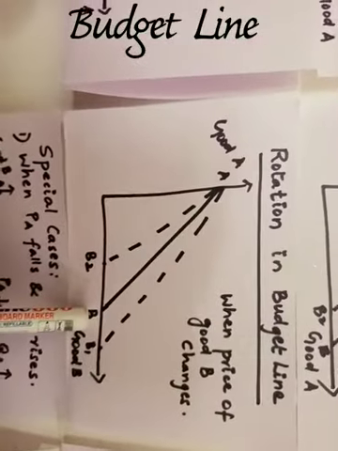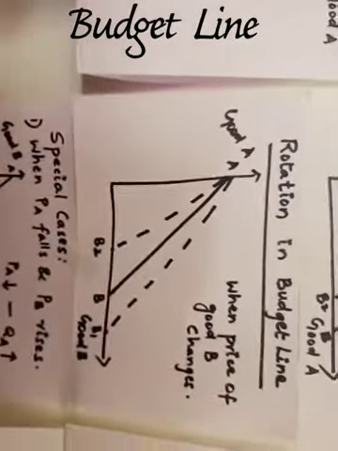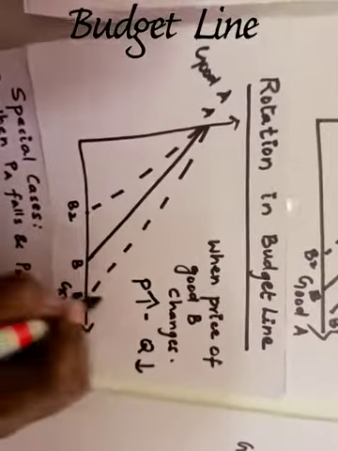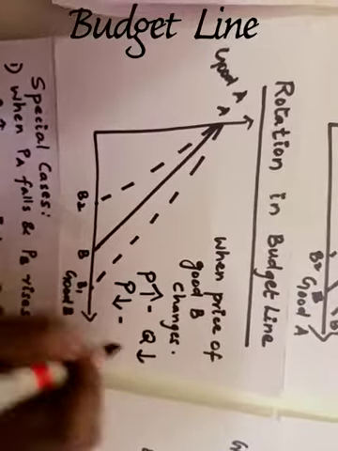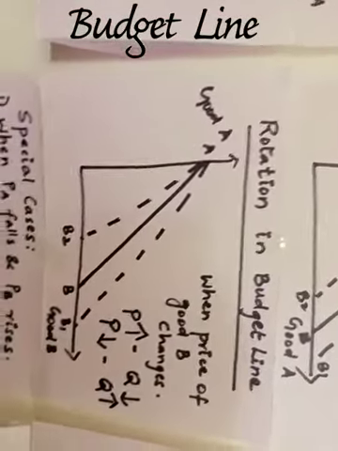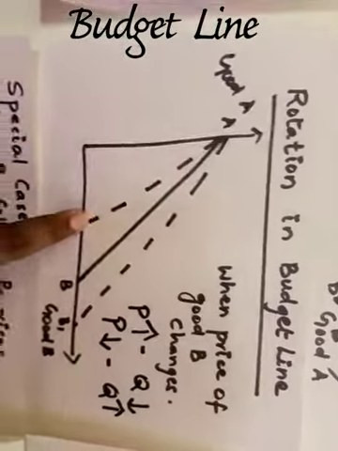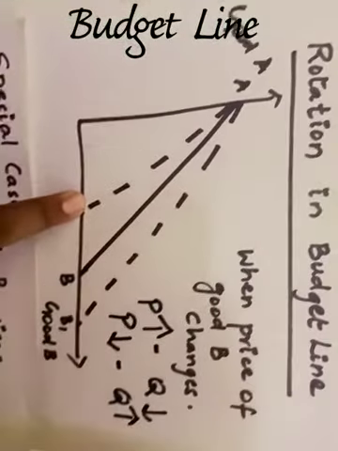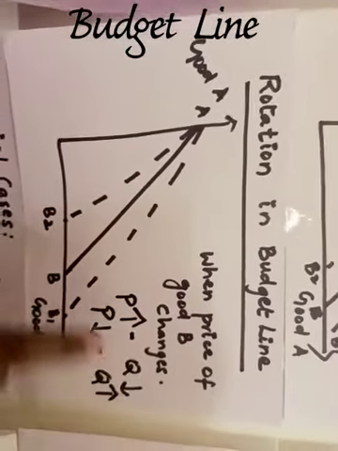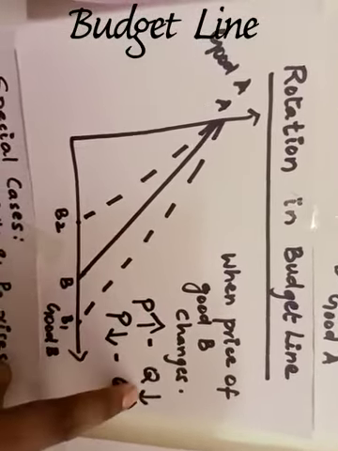If the price goes up, the quantity will be less. If the price goes down, the quantity demanded will be more. So when the price goes up, the quantity comes down.